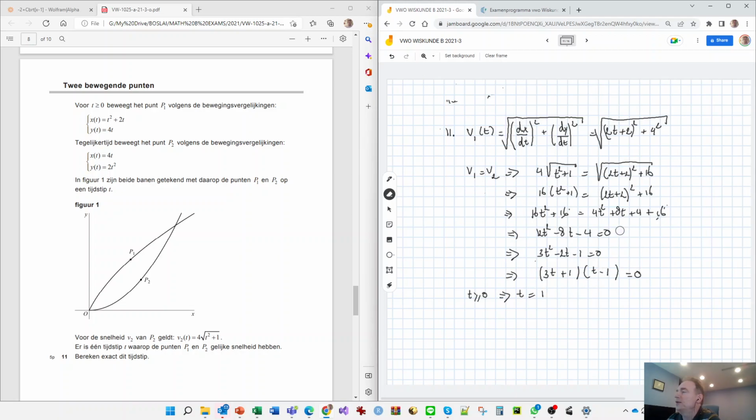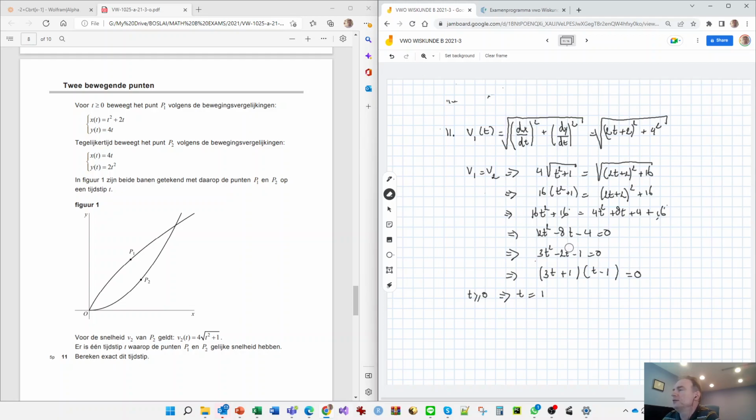So I end up with this quadratic equation, and there's a 3t squared here, so I just try 3t and a t and try and error, to find the right numbers here. And if you cannot find them, again use the quadratic formula.